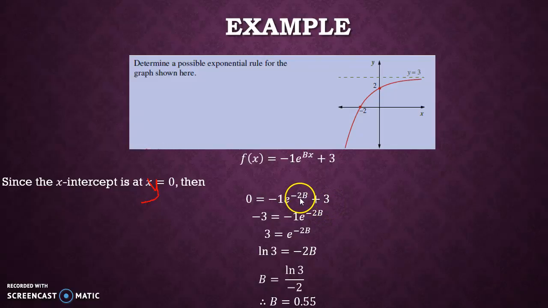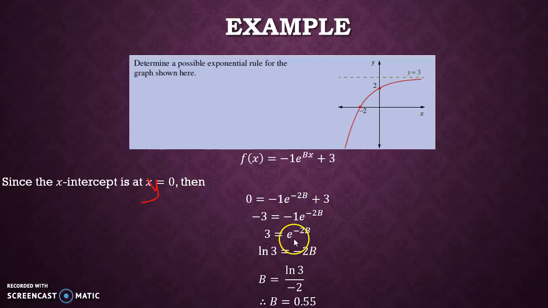Here, the -2, that's our x value, that point there. So again, we just substitute these values in, subtract 3 from both sides, so we get -3 equals -1 e to the power of -2b.